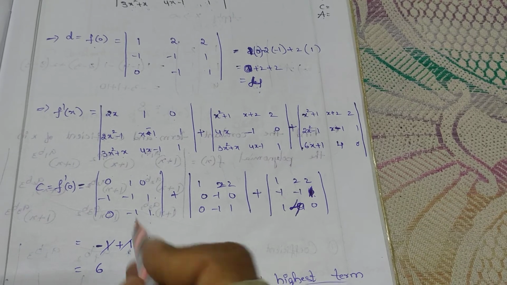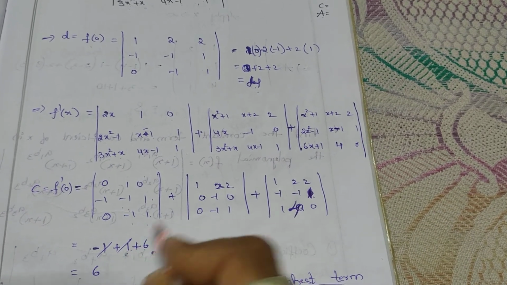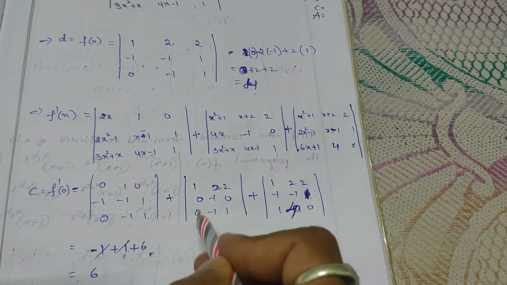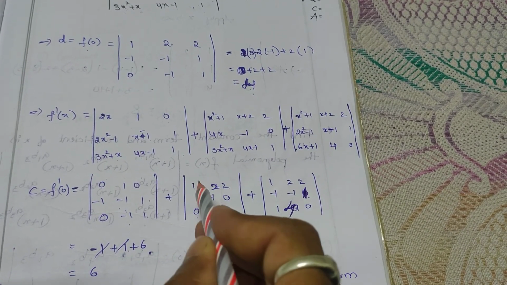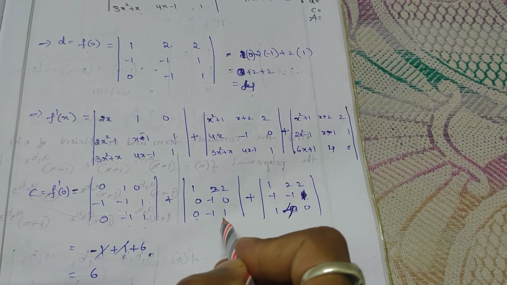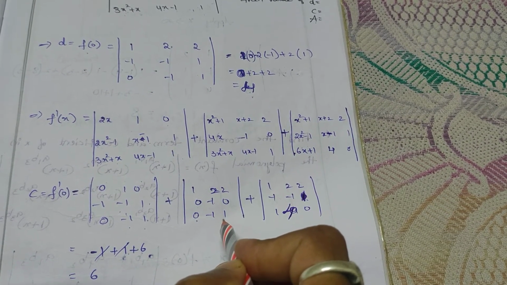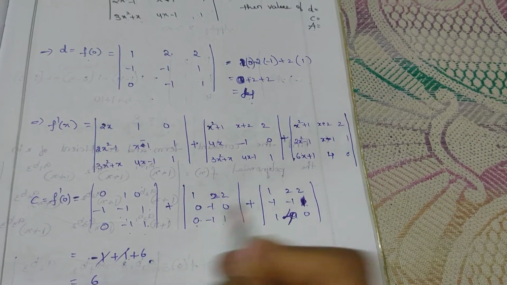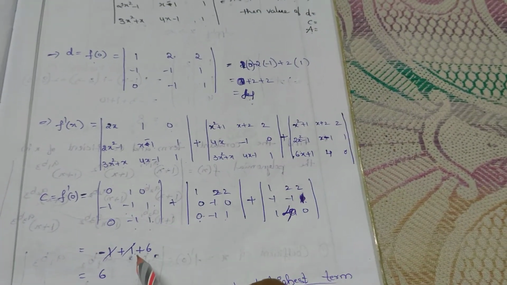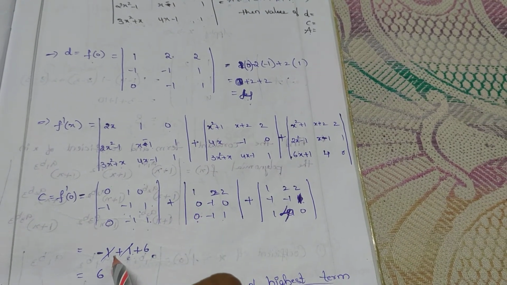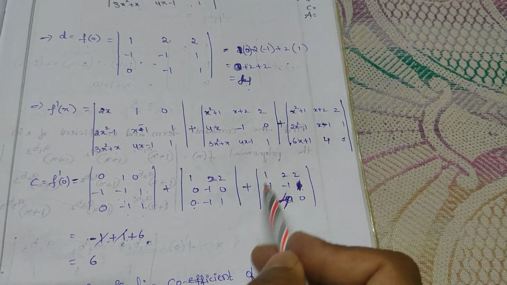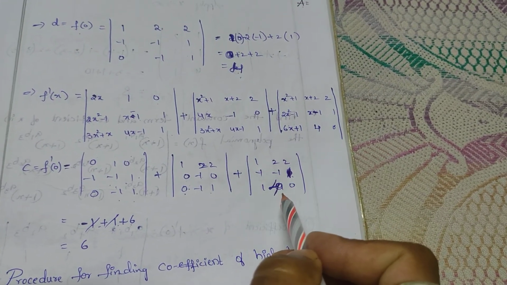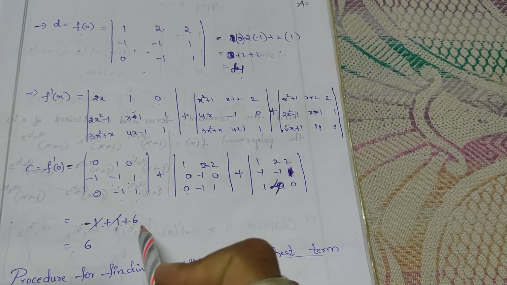Next, if you expand through this column, because these two are zeros, plus 1 into, leaving the row and column, minus 1 into 1, that is minus 1 minus 0. So minus 1 is for this determinant. Remember, this 1 is for this determinant and this minus 1 is for this determinant. Expand this determinant and once you simplify, you get the value of this determinant equal to 6. So minus 1 plus 1 plus 6 is equal to 6.